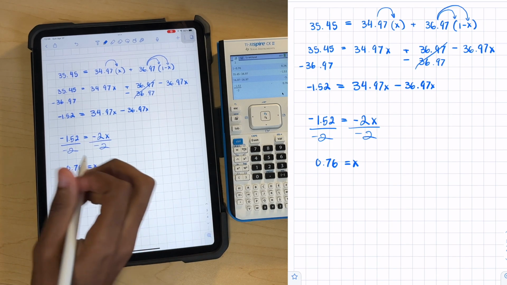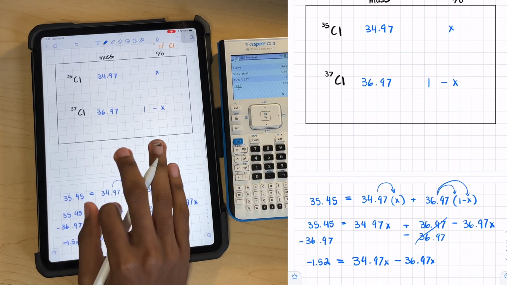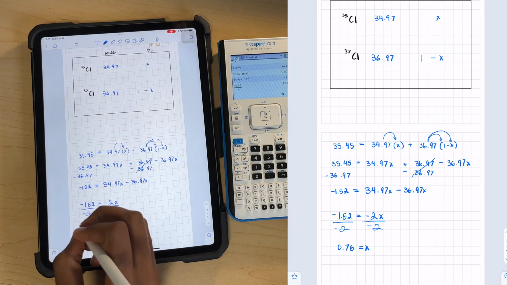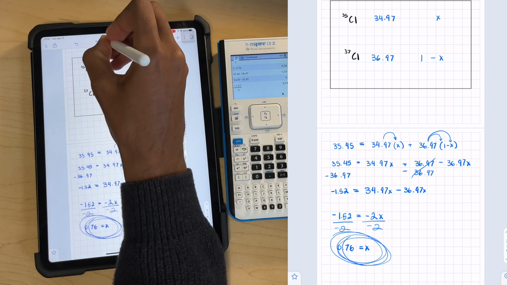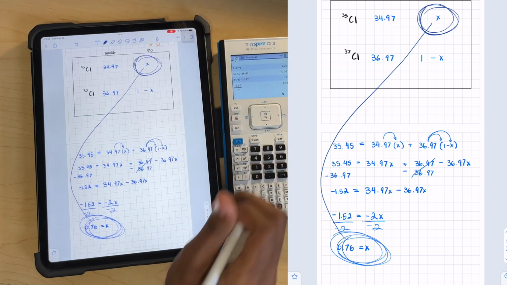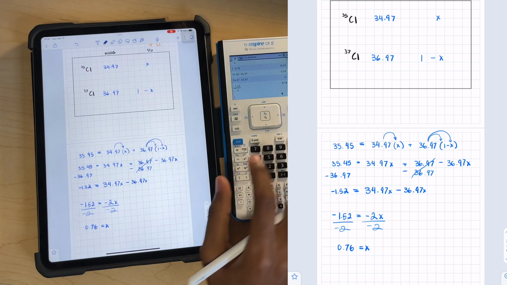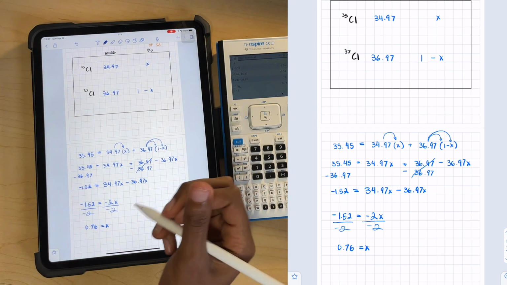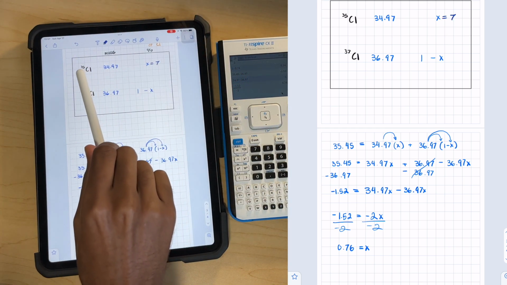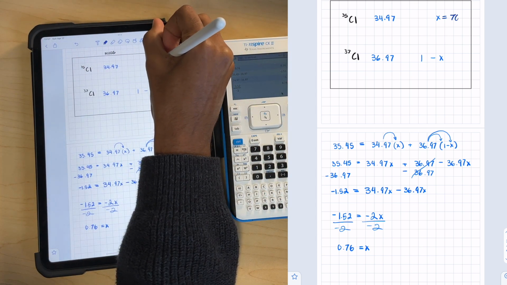That is the percentage. 0.76 is the decimal version of 76%, so the percentage of isotope number 1 in chlorine is 76%.